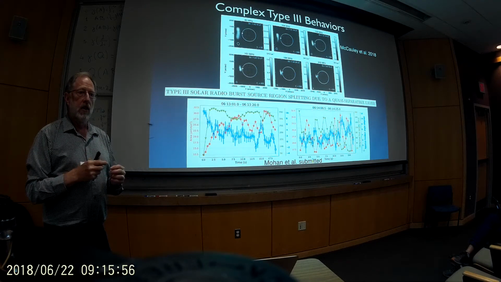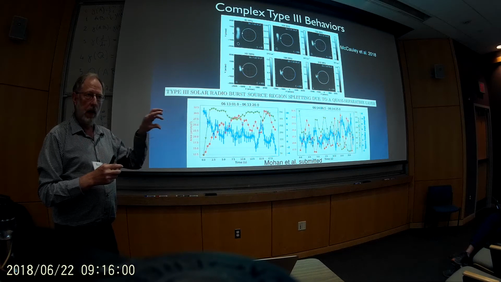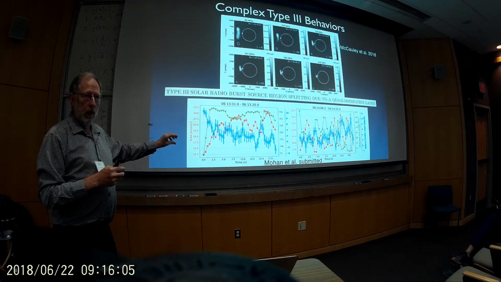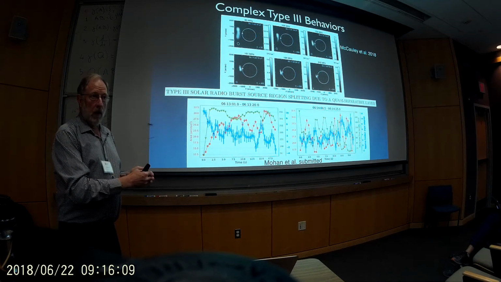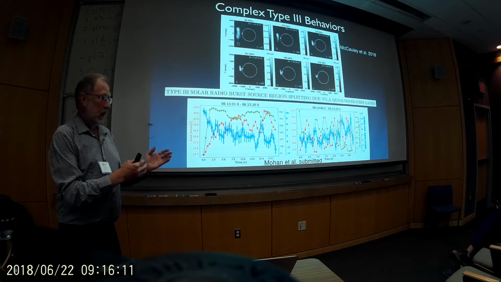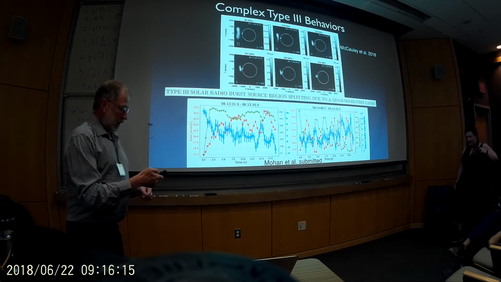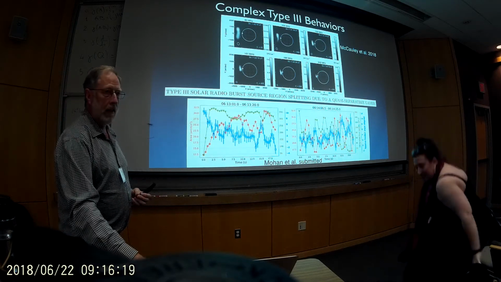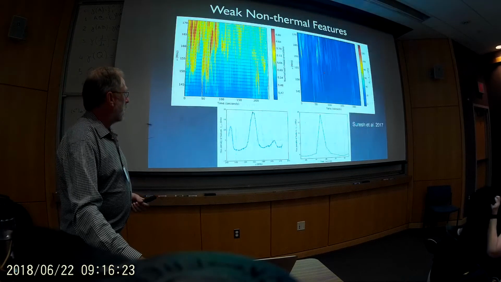And that is good evidence that whatever's causing the oscillation is not happening locally where the type 3 emission is occurring, but down much deeper in the corona where the triggering mechanism for the type 3 emission in the first place is happening, and that's where the oscillations are being generated. So this is all quite new science enabled by the ability of the MWA to do imaging as opposed to just measuring the total intensity.